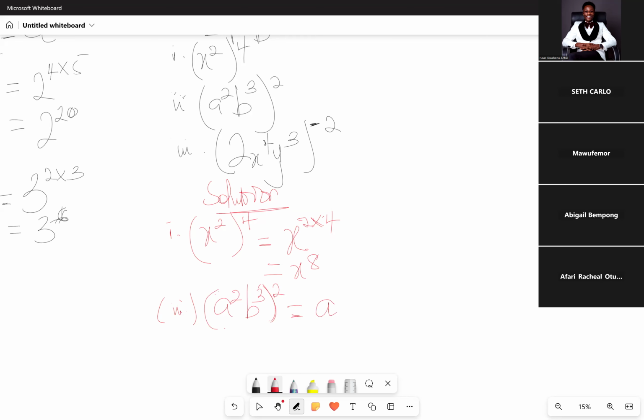Are you guys there? A, b. So the power deals with the power of a, 2. So this 2 deals with the index of a. Then that same 2 deals with the index of b.